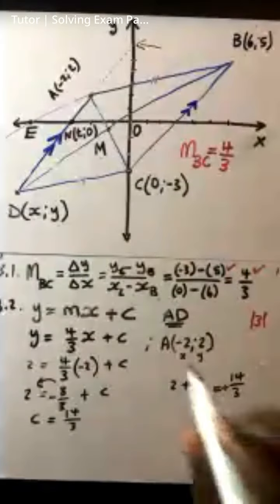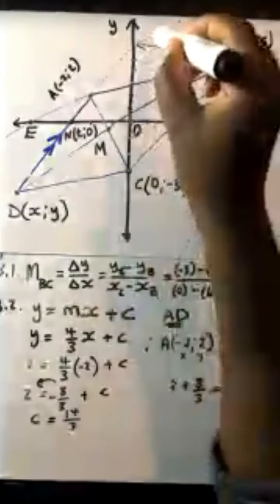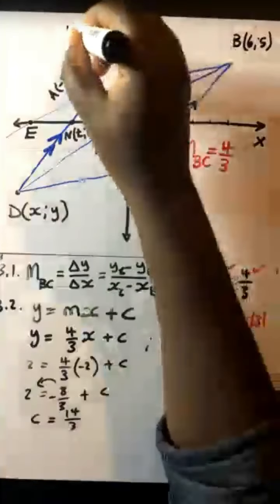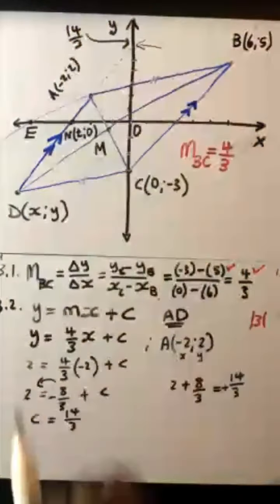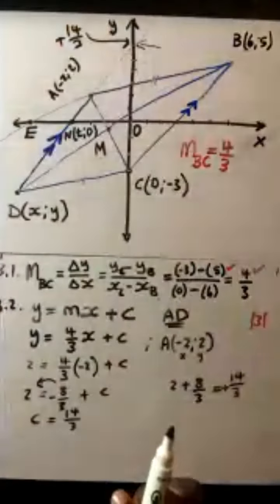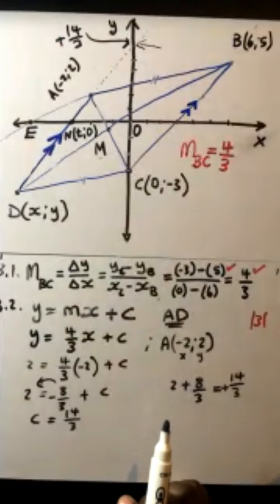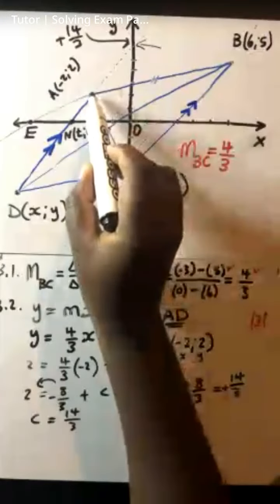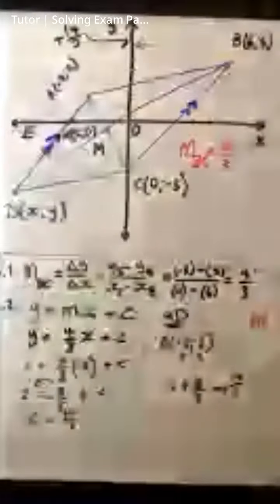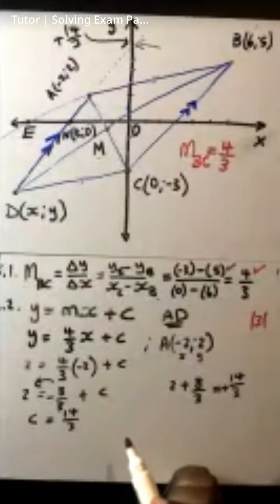So it gives me the confidence that that point over there could be 14 over 3, which is a positive value. Very, very much important, ladies and gentlemen. And again, it has to be a value greater than 2 because that point there is 2. So it has to be anything above 2.